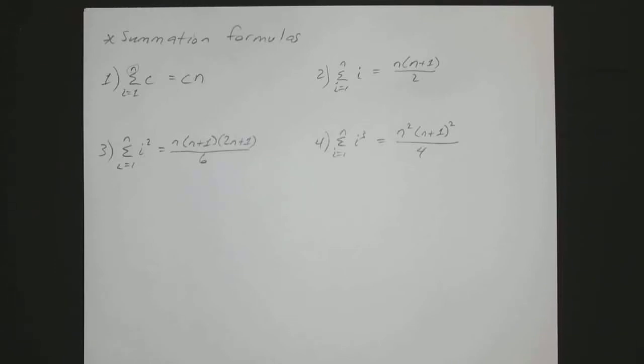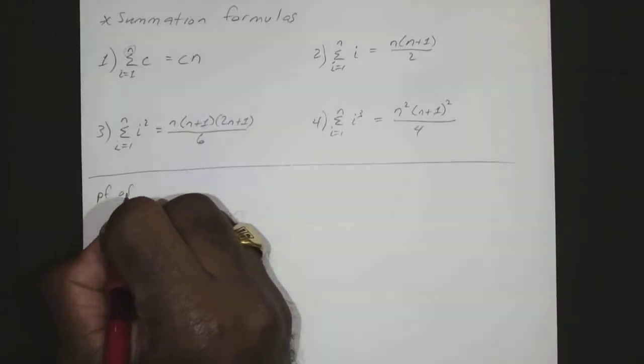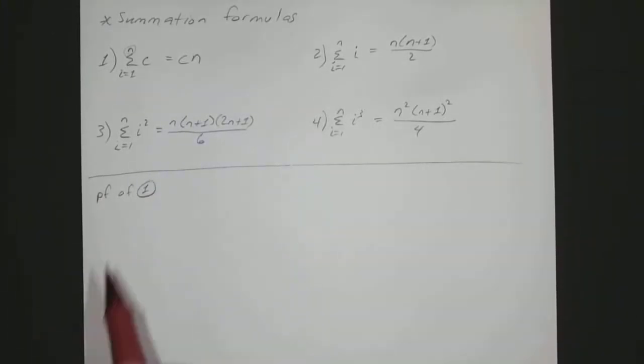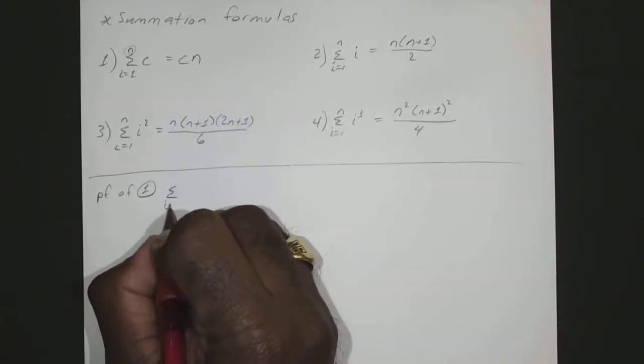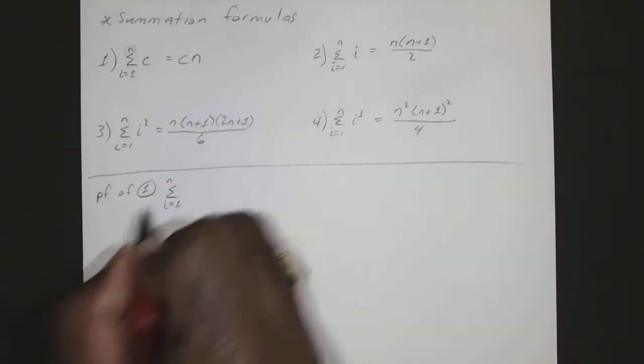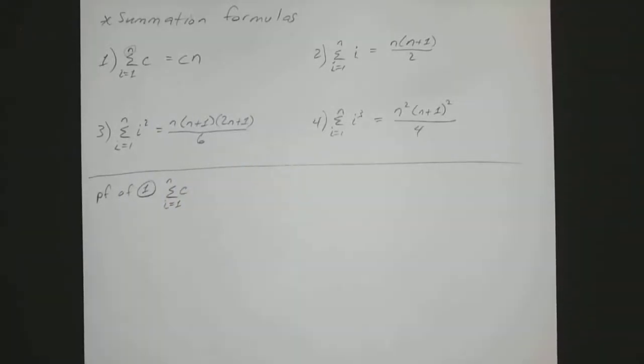Okay, so we're going to do a quick proof of 1 and 2. Okay, so proof of 1, we have our sum from i equals 1 to n of any constant c. Okay.